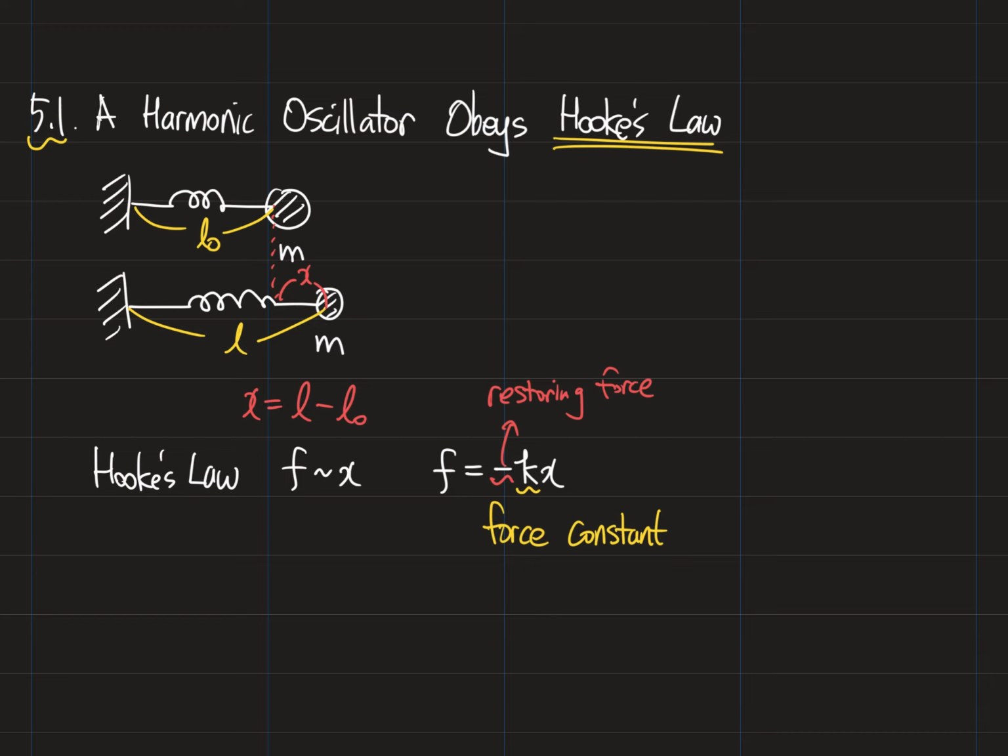So if you stretch the spring, like positive x, the force pulls it back. And if you compress it, which means the negative x, then the force pushes it forward. Right? So the displacement and the force direction are opposite. So that is covered by this negative sign.